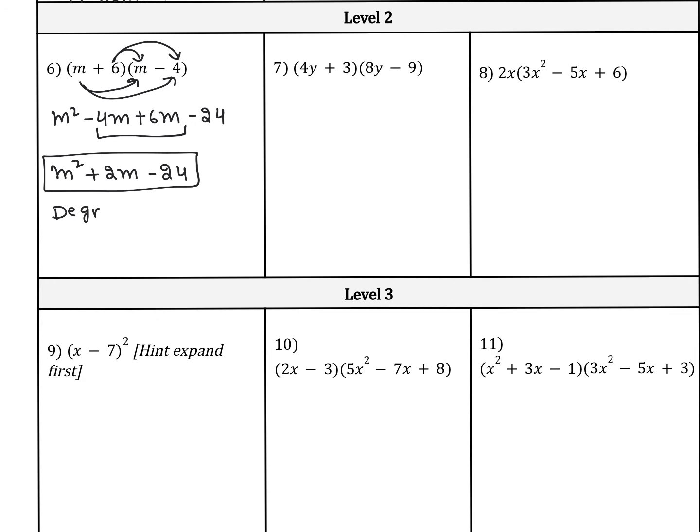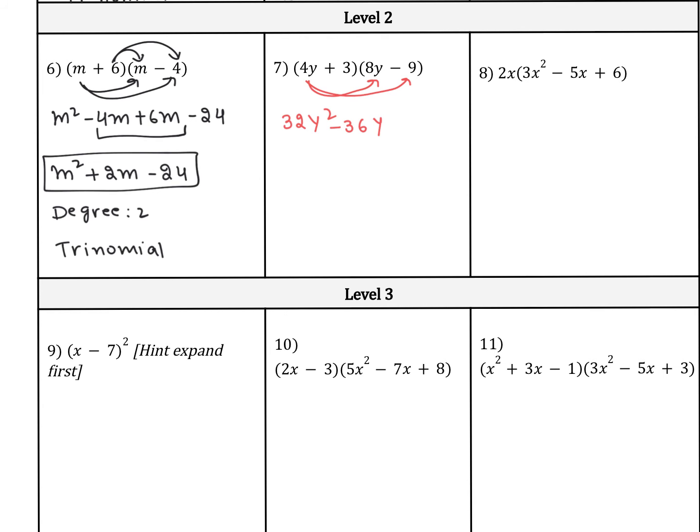The degree for this one is 2 and it's a trinomial. You don't have to answer these two questions for degree, but you can do more practice for each question. Similarly, 4 times 8 is 32, y times y is y squared. 9 times 4, negative 36 because it's a negative sign.